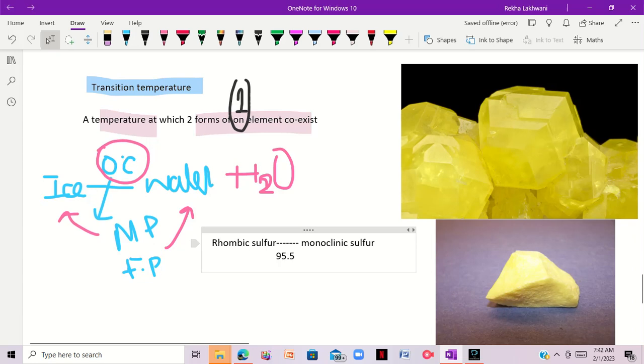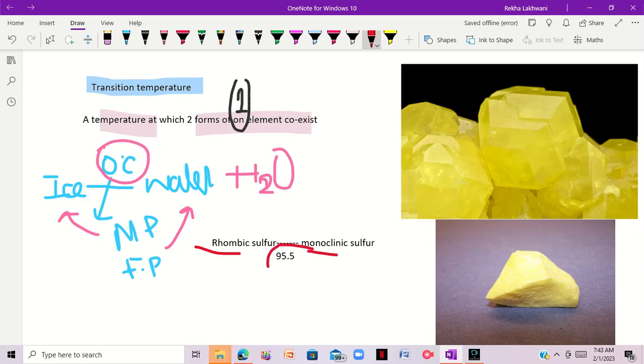So at 95.5 degrees Celsius, rhombic sulfur and monoclinic sulfur both exist. This temperature is known as the transition temperature.